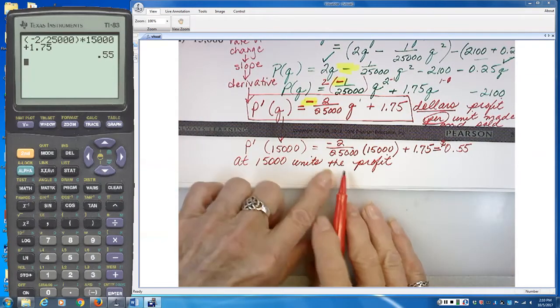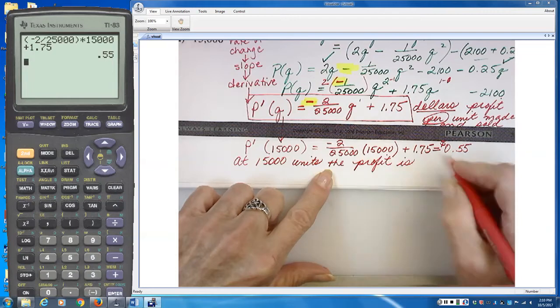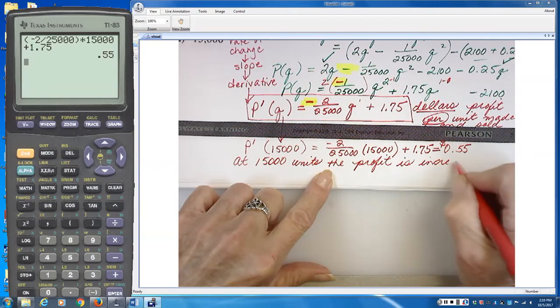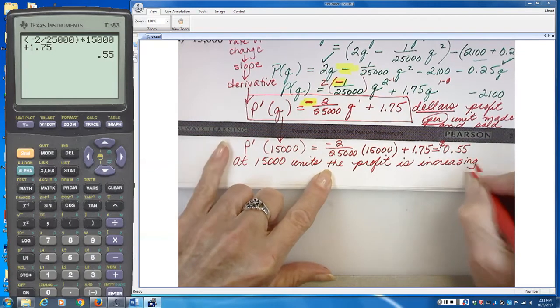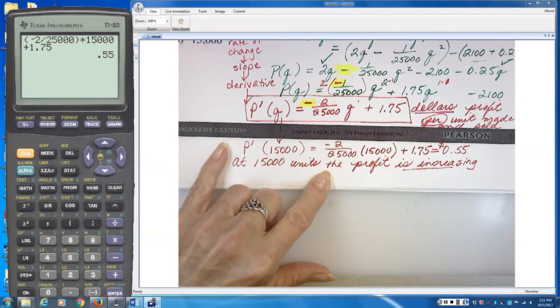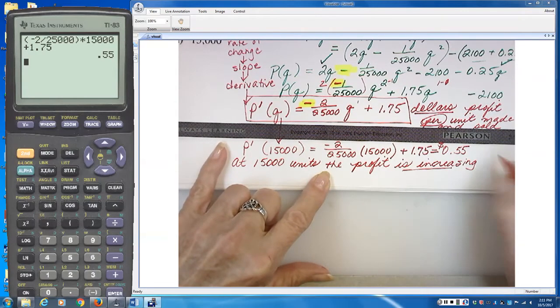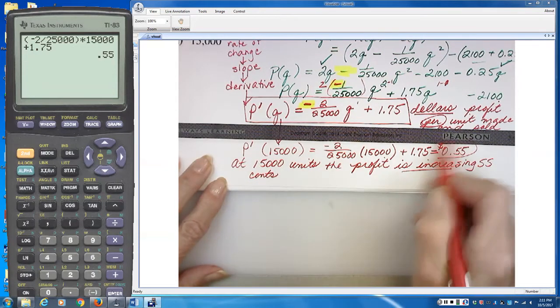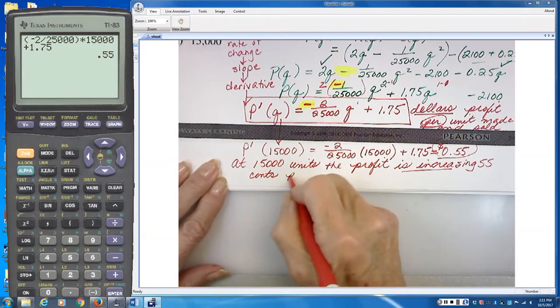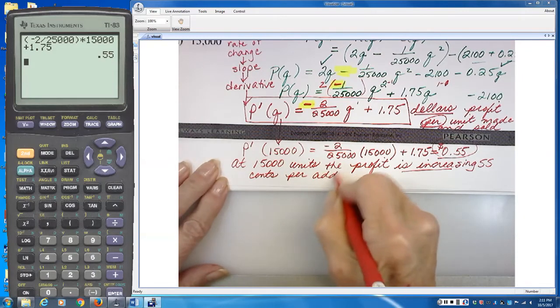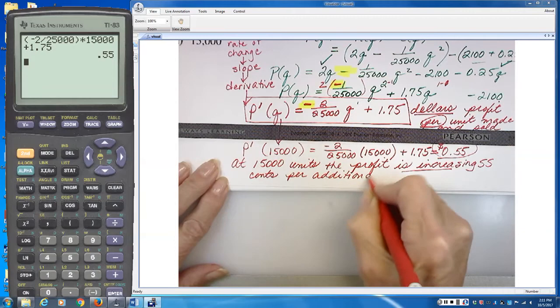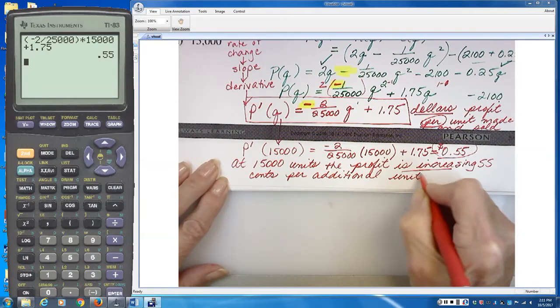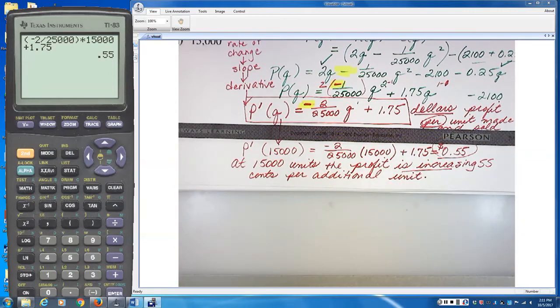At 15,000 units, the profit is increasing. This is not past tense, it's present tense because it's continuing to increase at that point. It is increasing 55 cents, although it would be perfectly fine still to use that notation, per additional unit. So it's increasing 55 cents per additional unit.